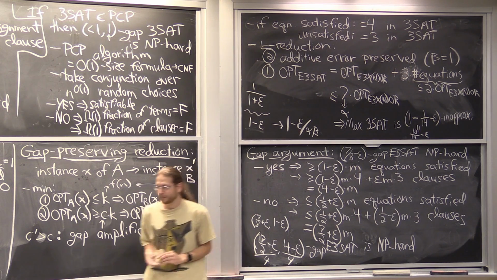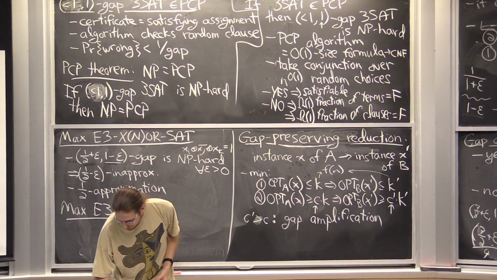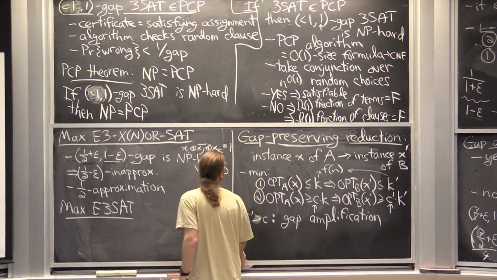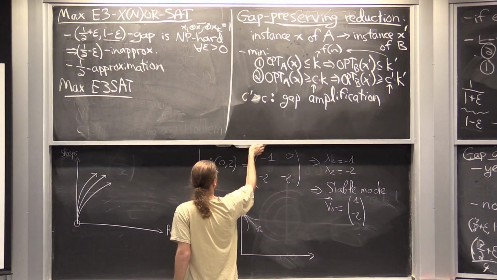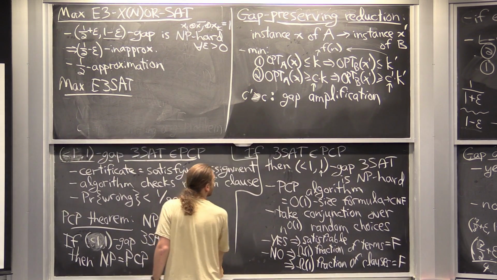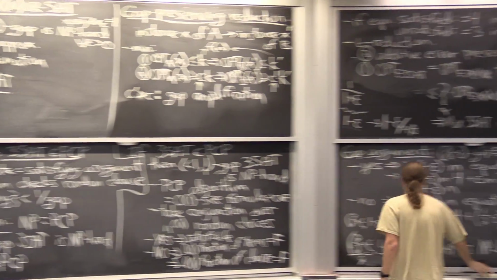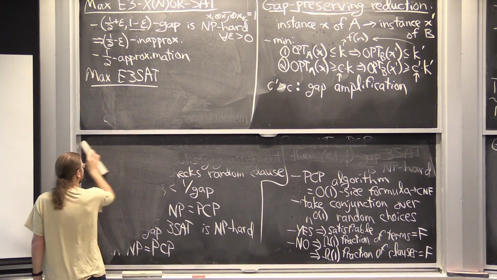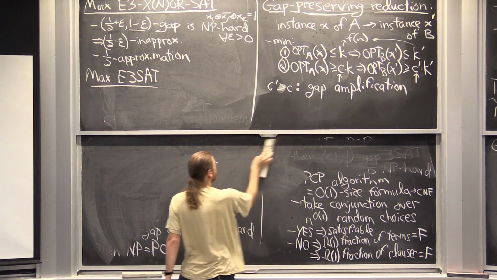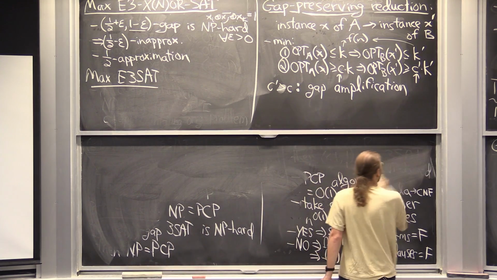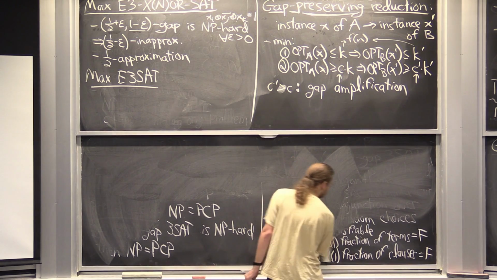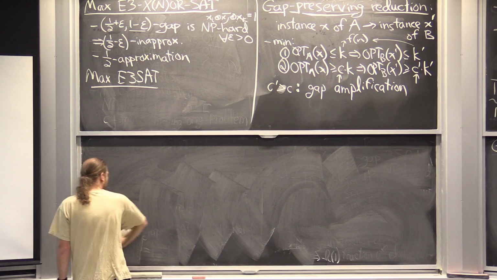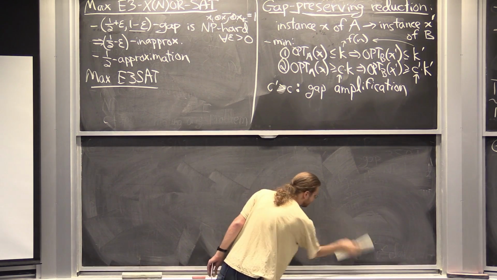Yeah. Cool. All right. I want to tell you about another cool problem. Another gap hardness that you can get out of PCP kind of analysis, by some gap amplification, essentially.